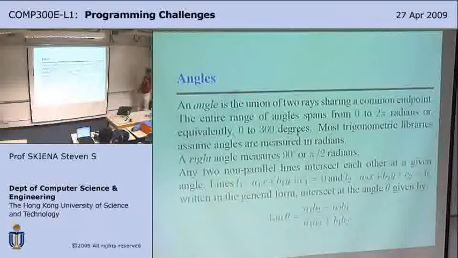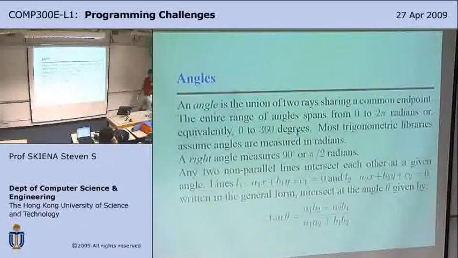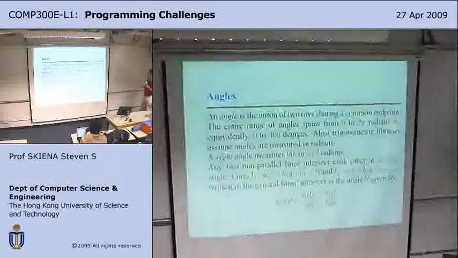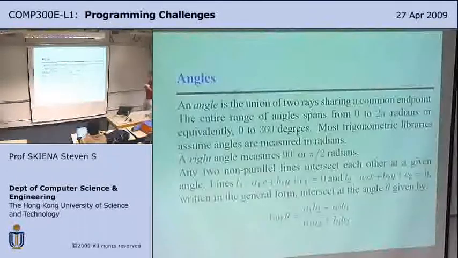There's a point of intersection, and there are angles around it. How many angles are formed by two lines that intersect in a point? The important point is that there are two. They form four things, but this one is the same as this one, and that one is the same as that one. So one of the tricky things is to make sure you know which angle you mean.